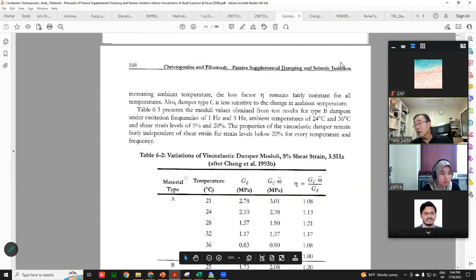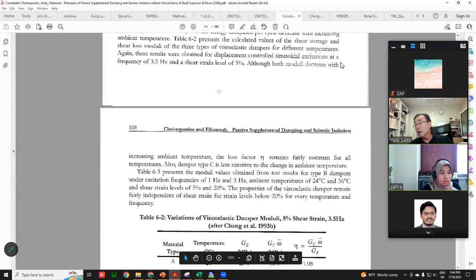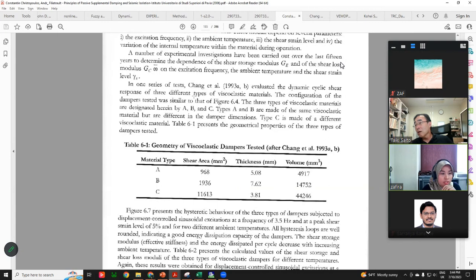Geometry. This is one of the stress tests that Chang did, evaluating the dynamic cyclic shear response of three different types of viscoelastic material. The configuration of the damper test was similar to figure 6.4. These three damper types of viscoelastic material are designated here.